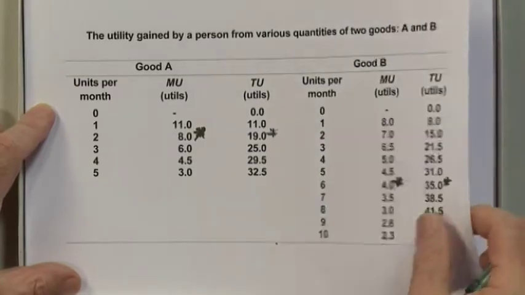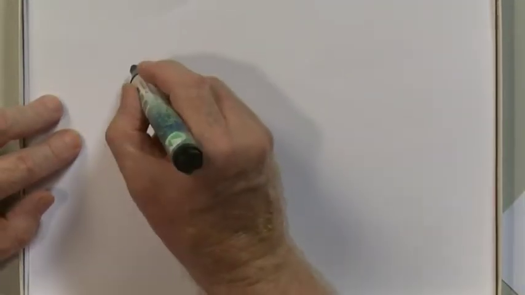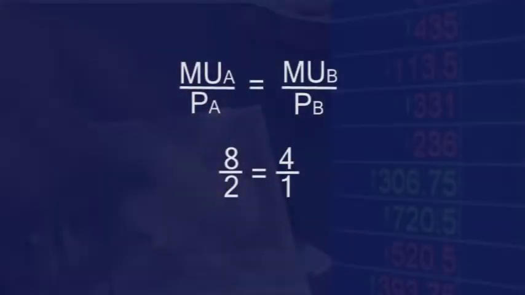So what we could say then is that the way in which our consumer maximizes utility is like this. Our consumer spends so that the marginal utility of A divided by its price is equal to the marginal utility of B divided by its price, and that would be true if there were a C and a D and any others. In our particular case, the marginal utility of A was 8.